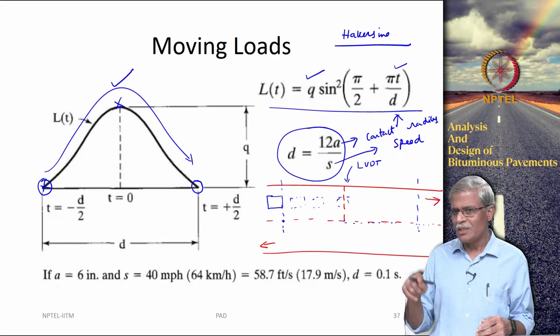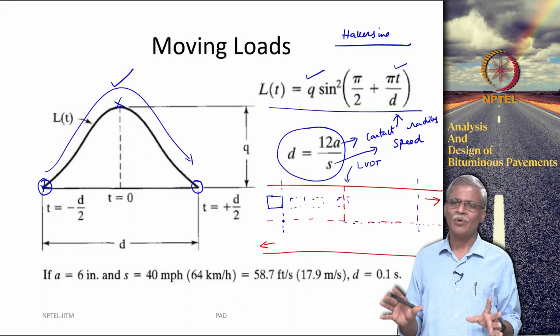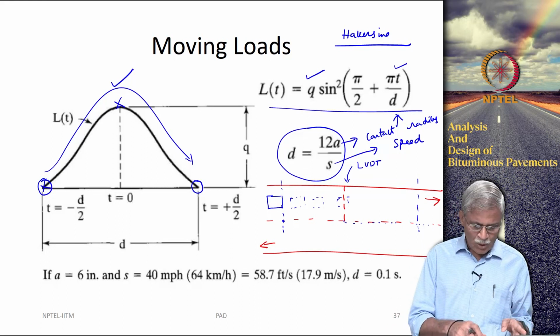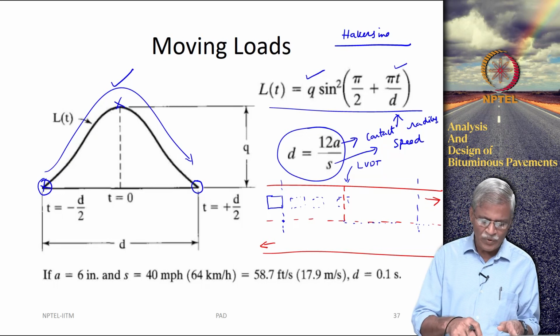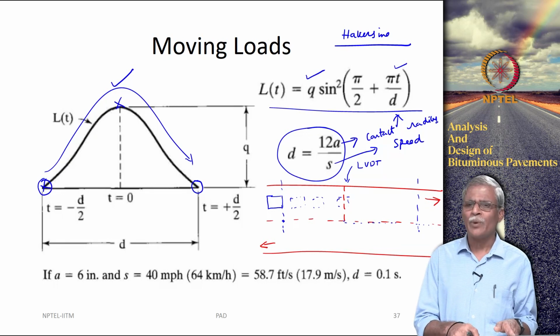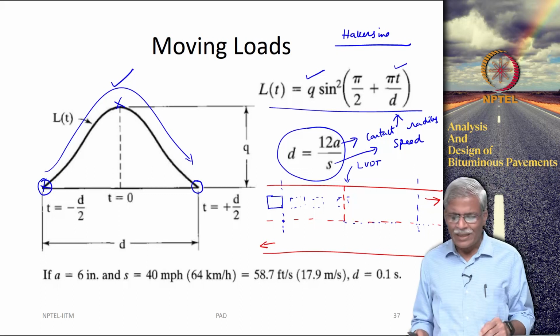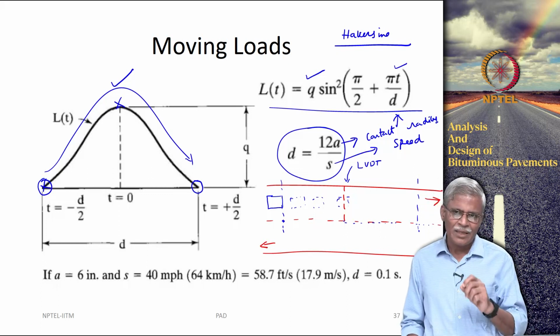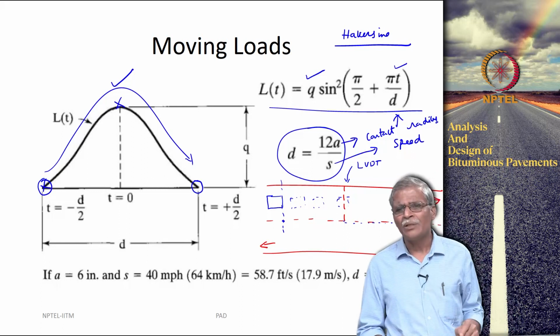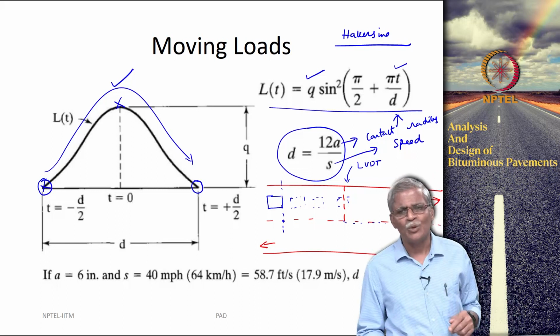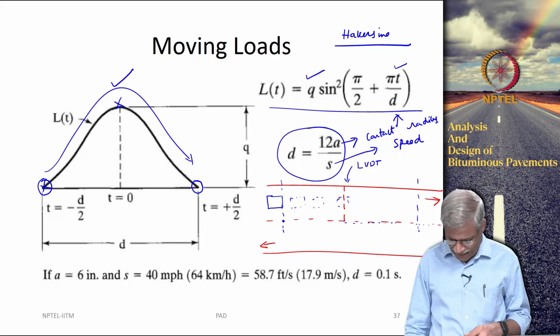That is the simple approximation we make here. So, the total distance over which the load is varying like this can be approximated as 12 times the radius, and you need to understand that in pavement engineering, a is normally used for the contact radius.